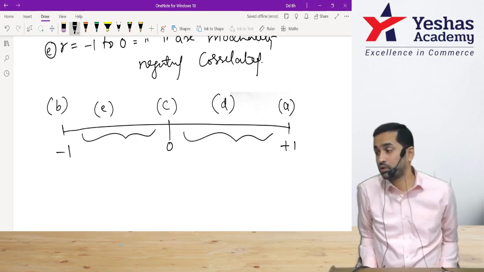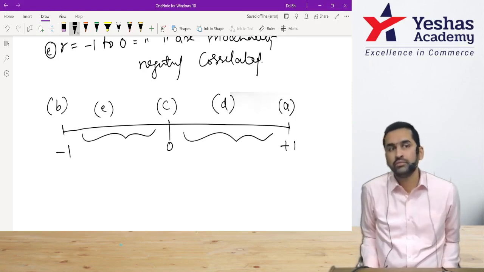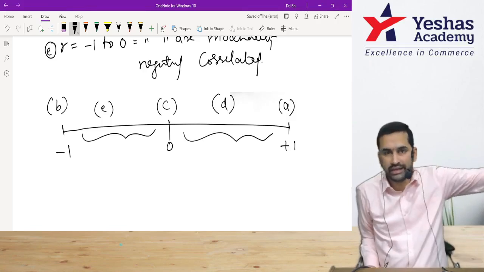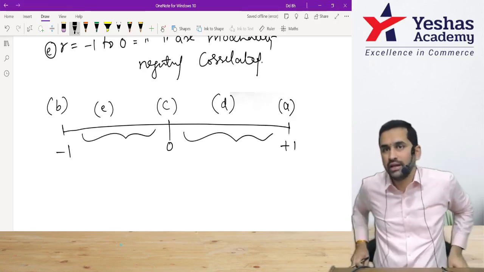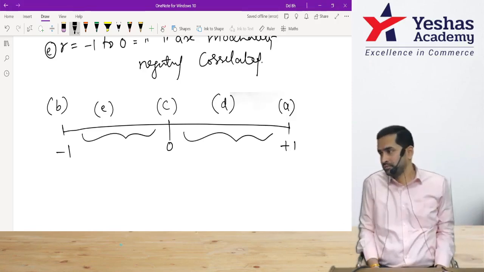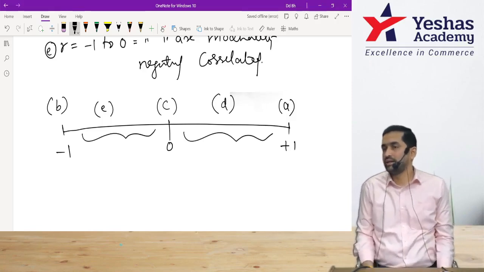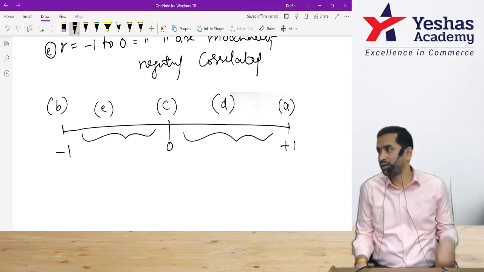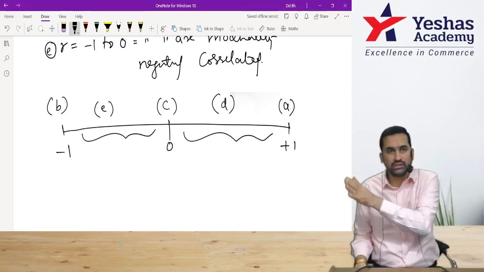Listen, in portfolio management topic, they will give you Nifty number. Nifty is the weighted average index of top 50 companies in NSE, and Reliance share price. And then the sentence is something like this: correlation between Nifty and Reliance is 0.8. 0.8 means more than 0, less than +1.